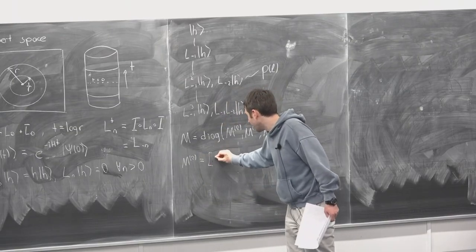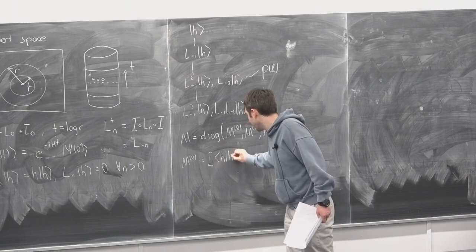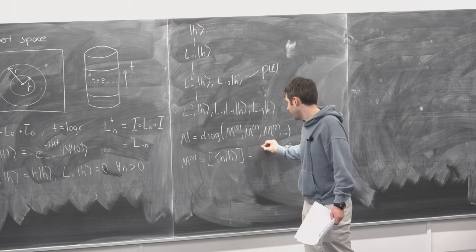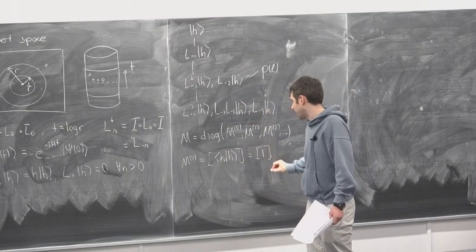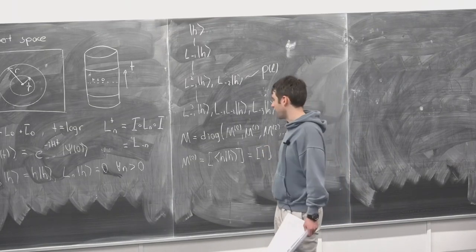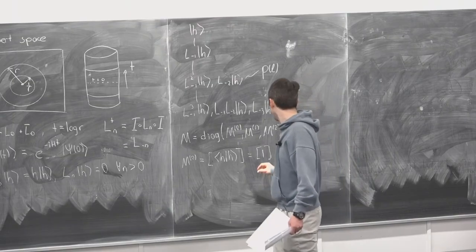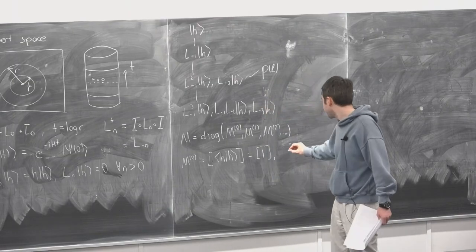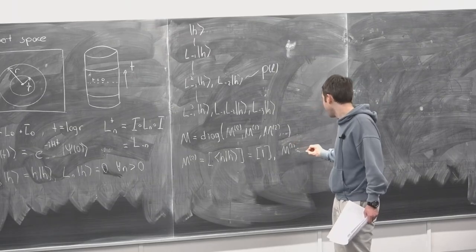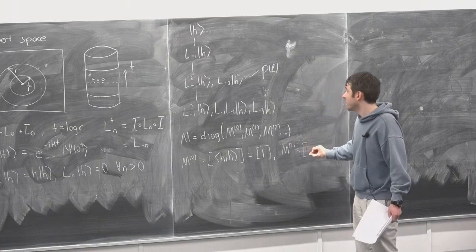So M0, what is that? It's the inner product of H with itself. We take it to be normalized. So that's just the 1-by-1 matrix whose entry is 1. That is pretty simple. M1 is also going to be 1-by-1.